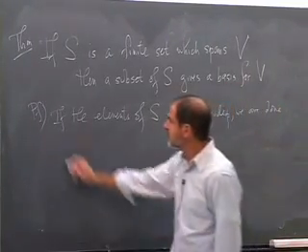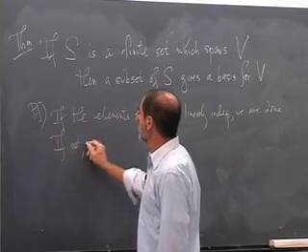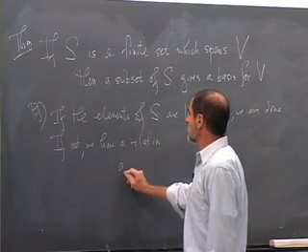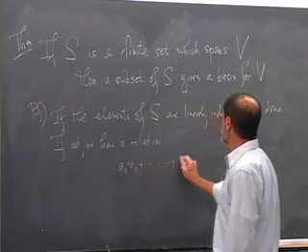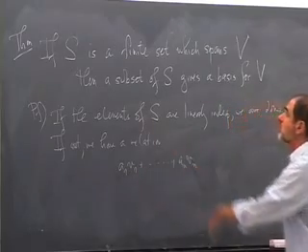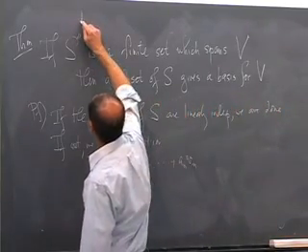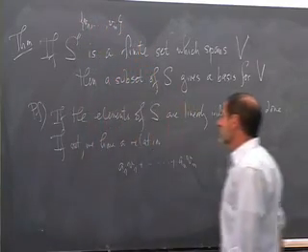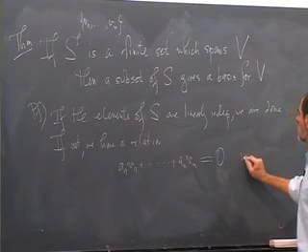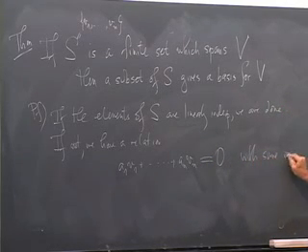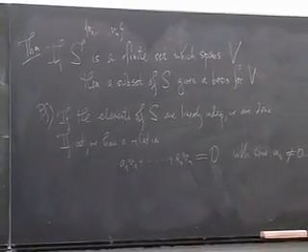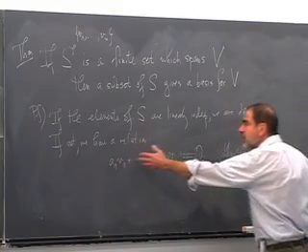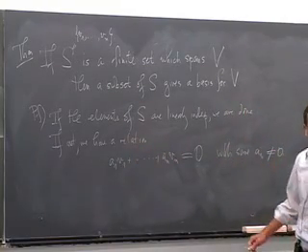So if not, we have a relation a1 v1 plus ... plus an vn, where the elements in S are v1 through vn, I should have said that, equal to 0 with some ai not equal to 0. So either they're linearly independent or there's some linear relation between them. And a linear relation would mean some linear combination where one of the coefficients is non-zero.